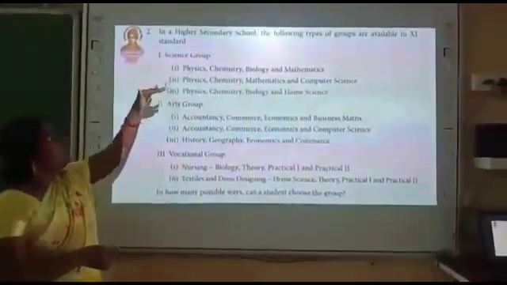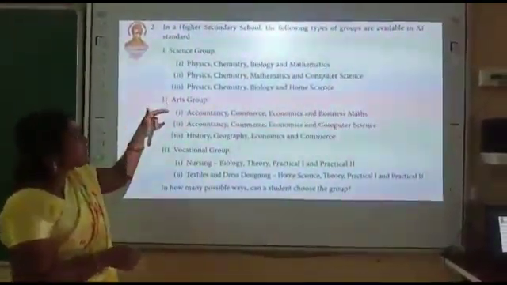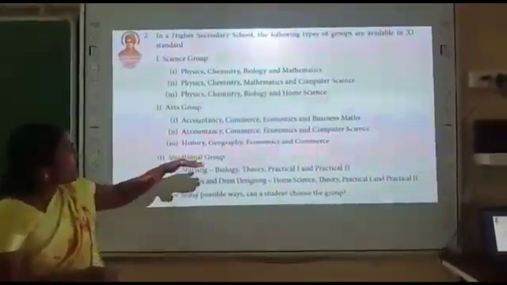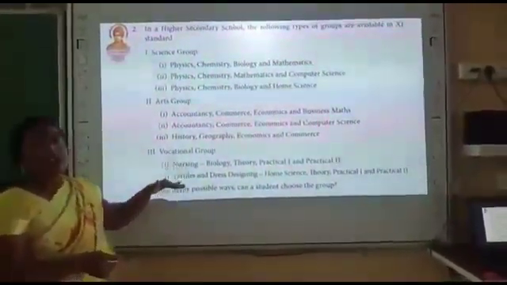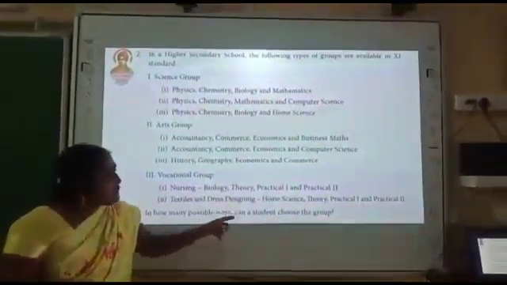These are 3 possibilities for the science group. Next, the arts group also has 3 possibilities. Next, the vocational group has 2 ways. In how many possible ways can a student choose the group?